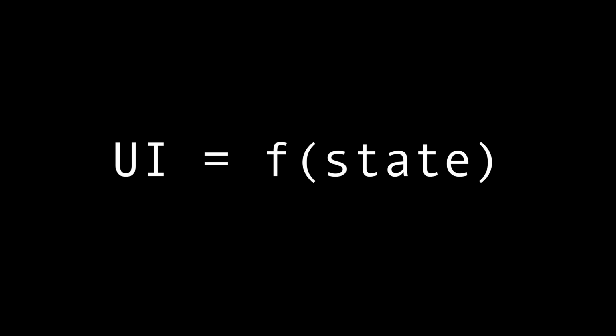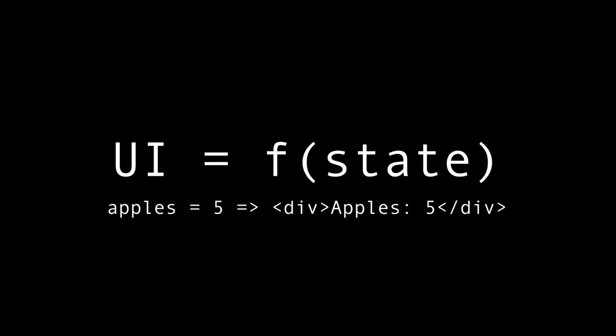Back then, React was really nice because it gave us a simple, relatively easy to understand way of building more complex user interfaces. And the idea always was that UI is in the end just a function of state. So you put state in, you get UI, HTML code in the end, as an output.